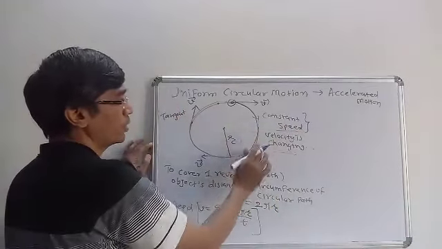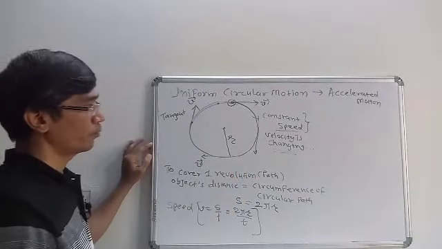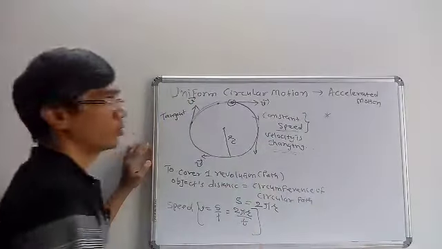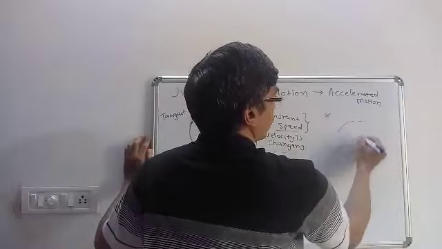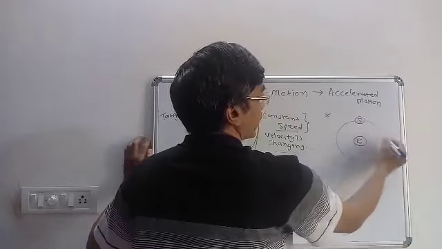The value of the speed remains the same, but the direction is going to change at each point. So we can take the example of uniform circular motion, that a satellite is revolving around the earth in a circular path.